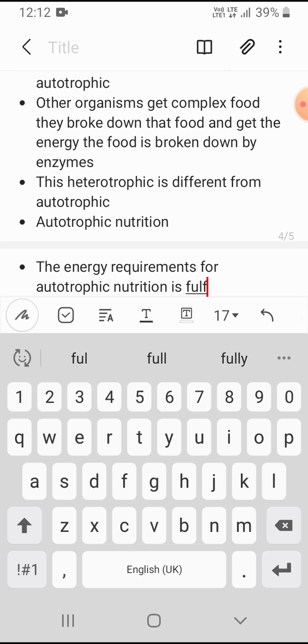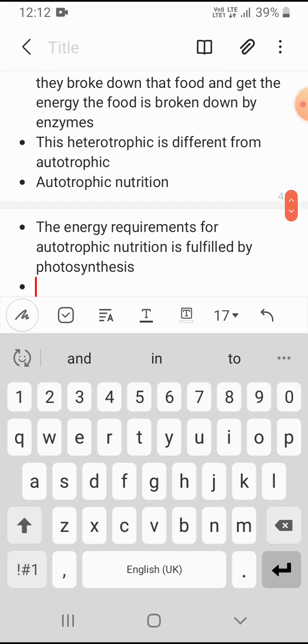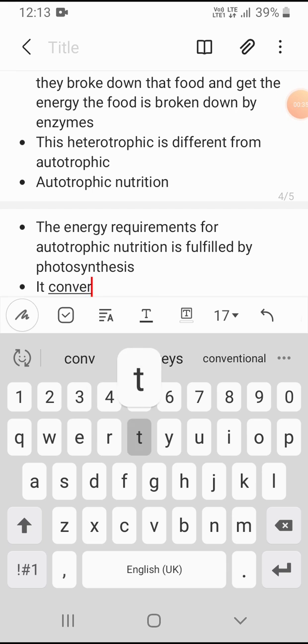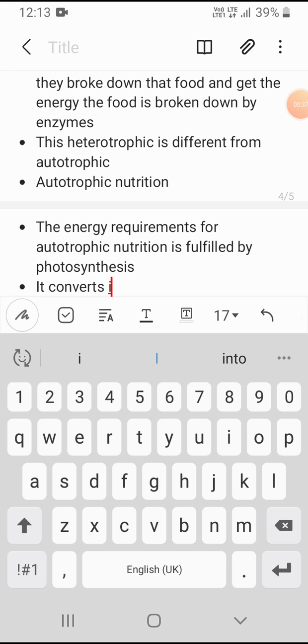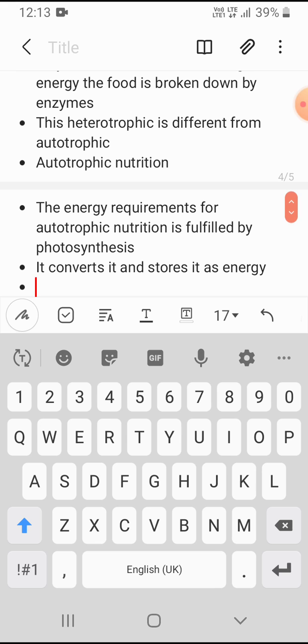The energy requirement for autotrophic nutrition is fulfilled by photosynthesis. As you know, autotrophic means the plants. The autotrophic plants convert it and store it as energy.